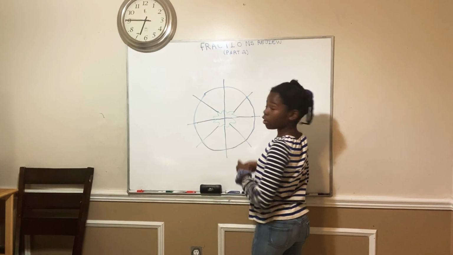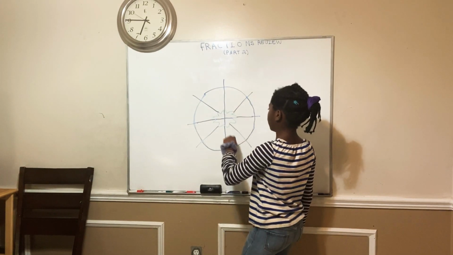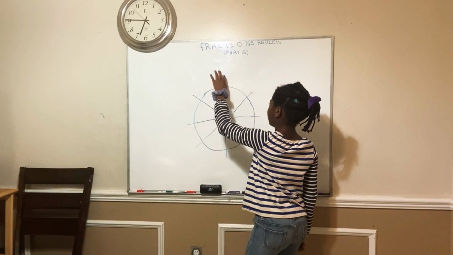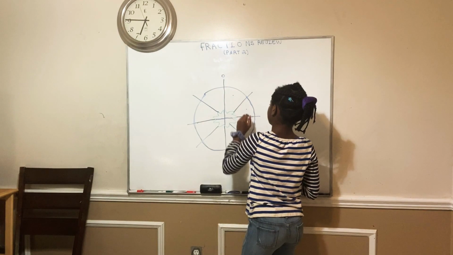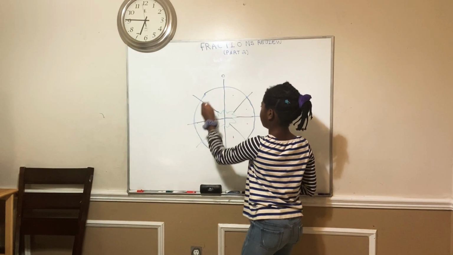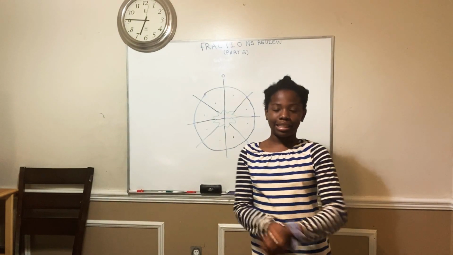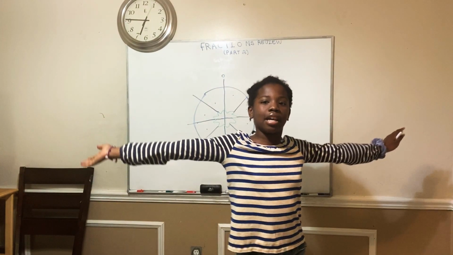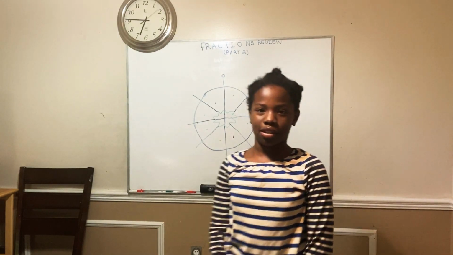You cut all the parts of my tomato. 1, 2, 3, 4, 5, 6. Wait, where did I start? 1. Okay, let me just draw this dot here so I know. 1, 2, 3, 4, 5, 6, 7, 8. So I have 8 tomato slices that I give away to all my best friends, and they enjoy my lovely tomatoes because my tomatoes are the most delicious.